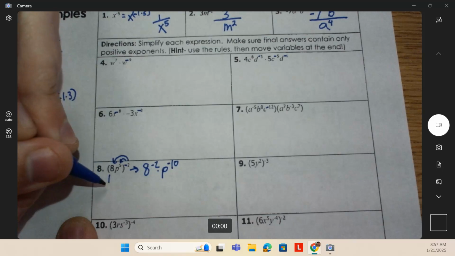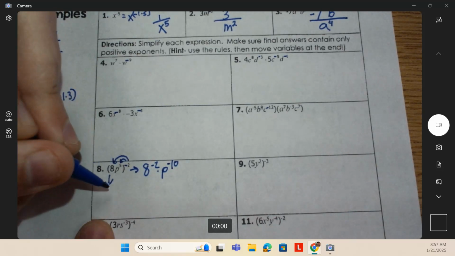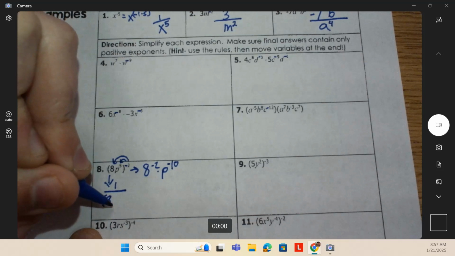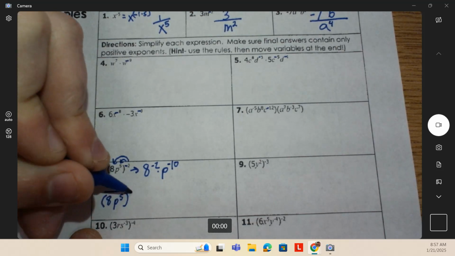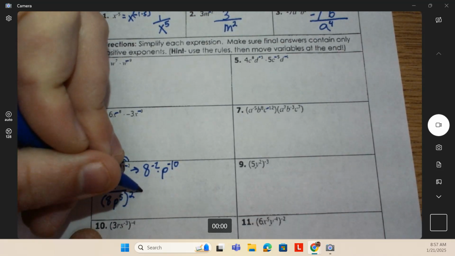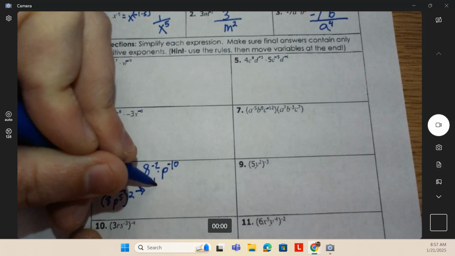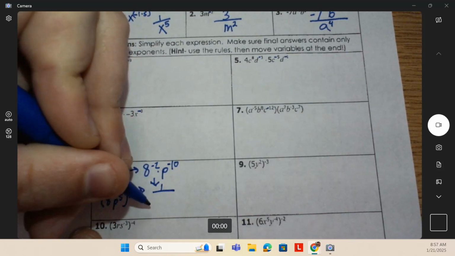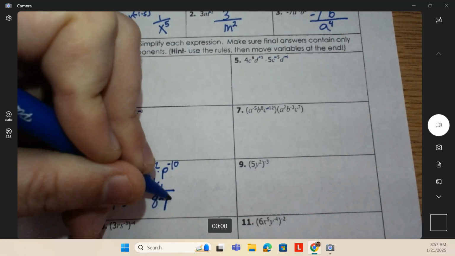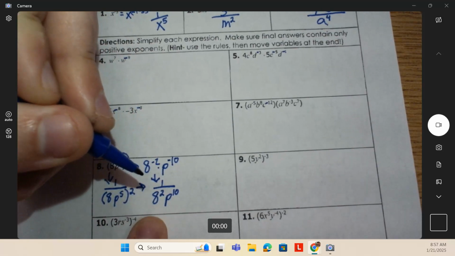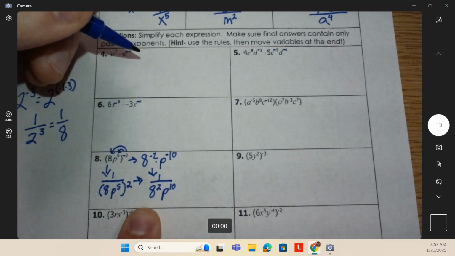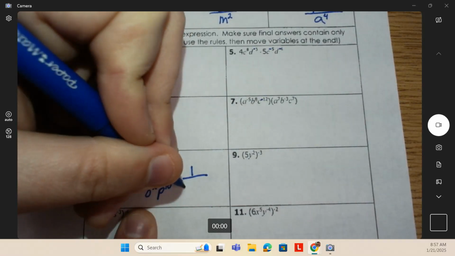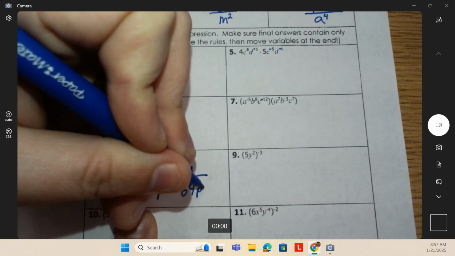Or you can think of it as flipping it first and saying 1 over 8p to the 5th squared. Either way, your next step is going to be the same, and we're going to end up with 1 over 8 squared p to the 10th, and then all I have to do is 8 squared, which is 64. So I have 1 over 64p to the 10th.